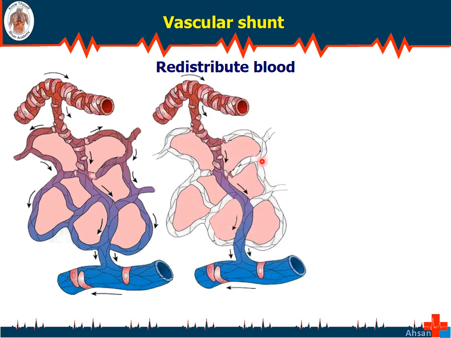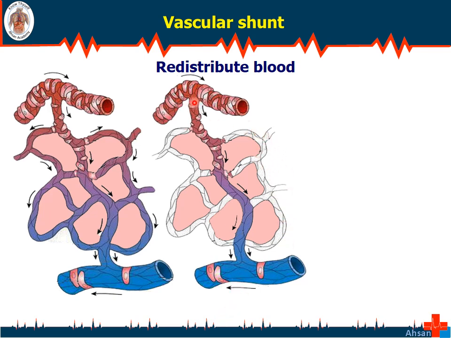So here, you see, the redistribution is required. So precapillary sphincter has contracted. These thoroughfare channels are widely opened. So blood is directly going there. Time of flow is reduced. The capillary blood content is reduced.